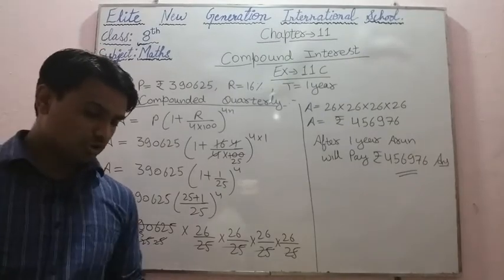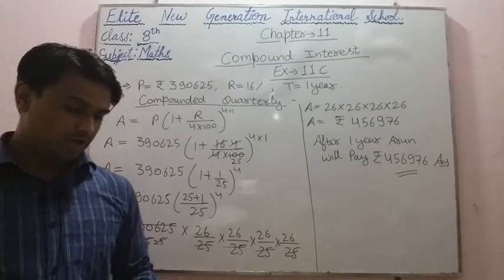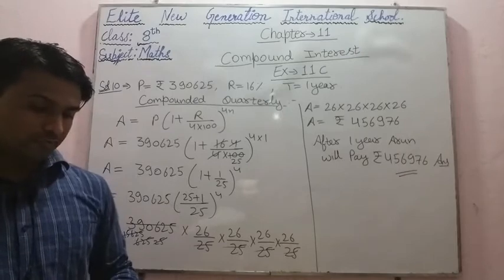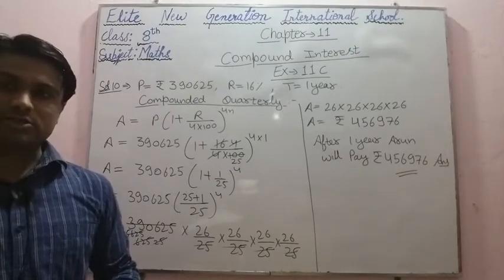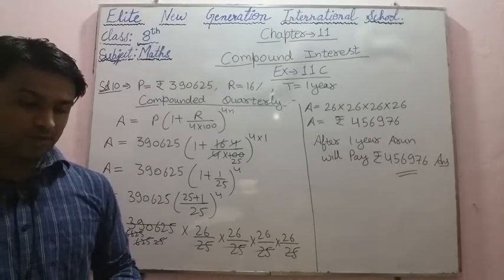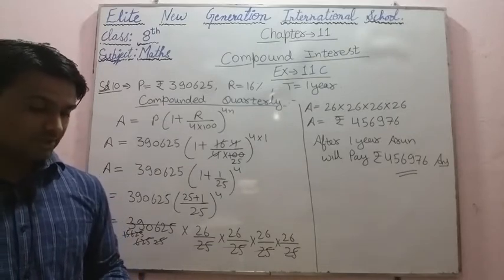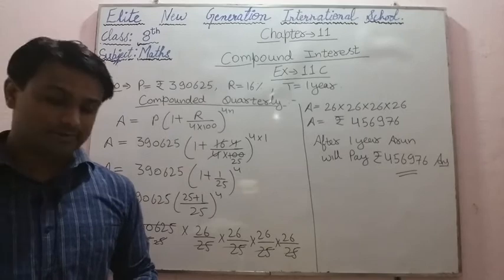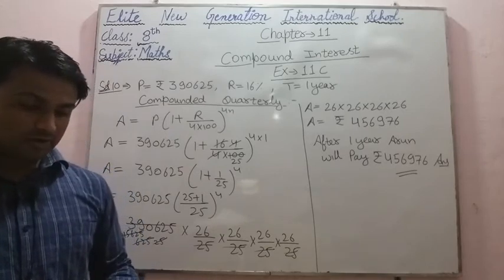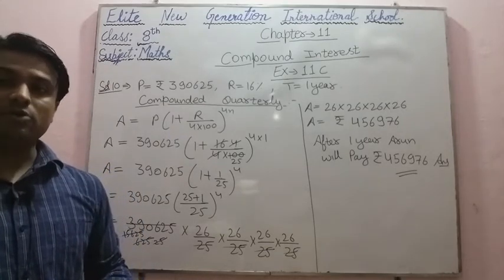So after this, see question number 10. In question number 10, Arun took a loan of rupees 3,90,625 from Kuber Finance. If the company charges interest at 16% per annum compounded quarterly, find the amount that will discharge his debt after 1 year.